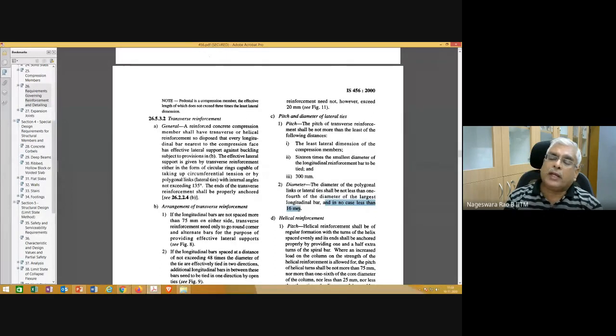But if our largest diameter bar were 20 mm, 20 divided by 4 turns out to be 5, but the minimum diameter you need to use is 6 mm. So whatever recommendations there are for the lateral ties, we need to comply with this.